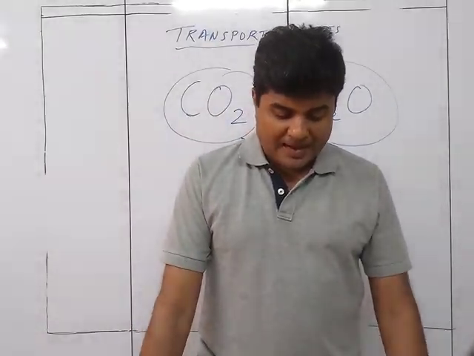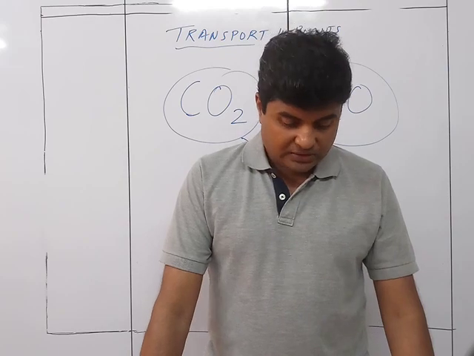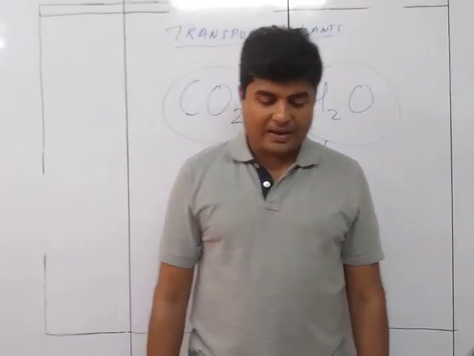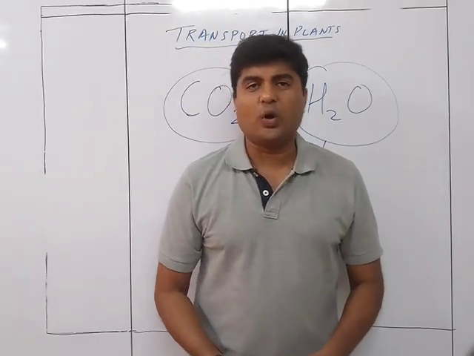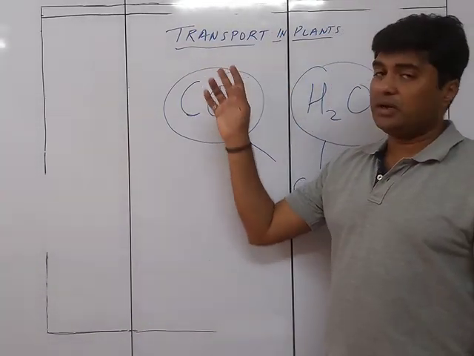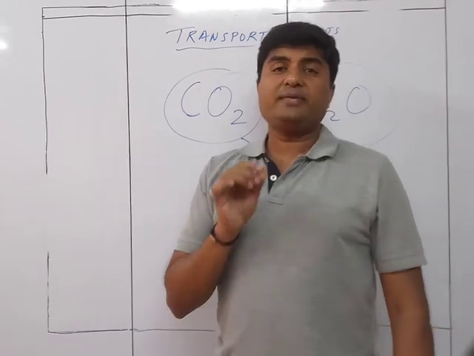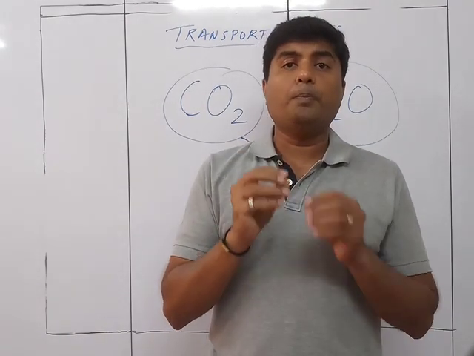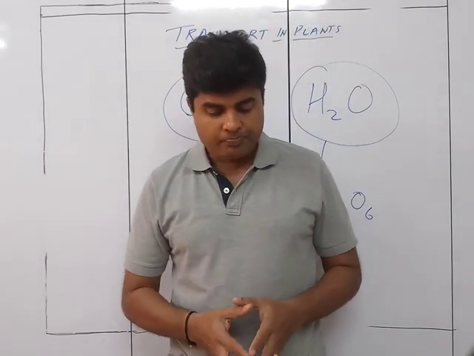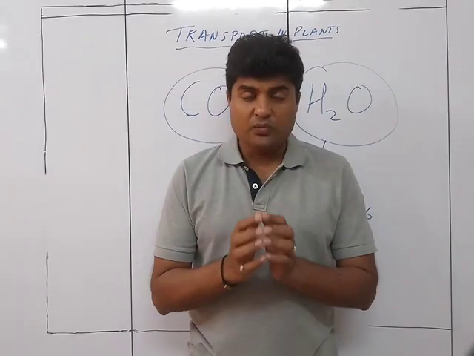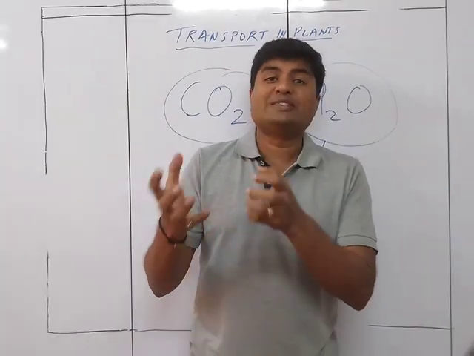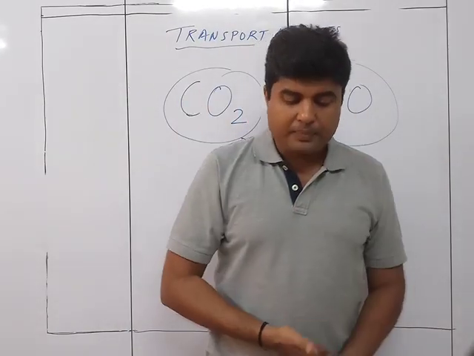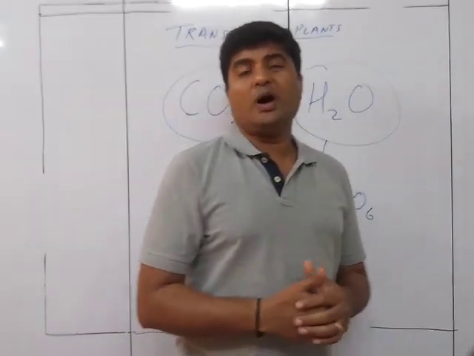Transportation in plants is the process in which substances absorbed or synthesized in one part of the plant are moved to other parts of the plant. What we mean by transportation here is that substances absorbed or synthesized by one part of the plant are taken or moved to another part.